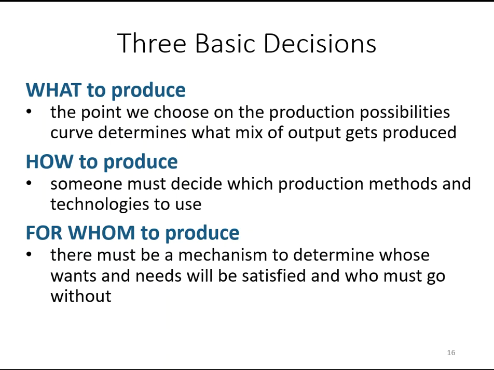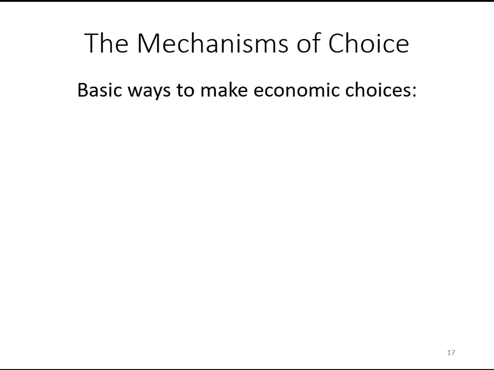Answering these questions of what, how, and for whom largely defines an economy. But who formulates the answers? Generally speaking, the answers are formulated by the market mechanism itself. It depends on each country, and they will choose different market mechanisms.